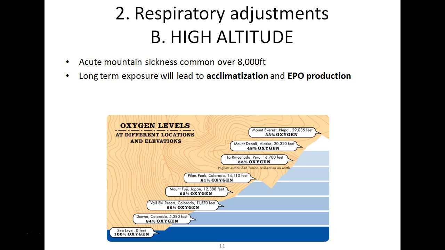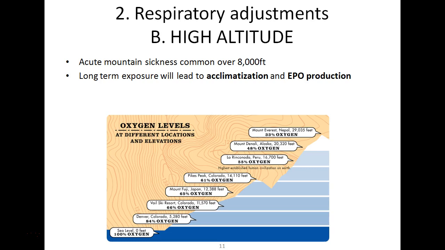So then, that could sometimes lead to imbalance. Acute mountain sickness might occur over 8,000 feet. So this altitude sickness is going to generally refer to any sort of adverse physiological effect because of a decrease in the alveolar partial pressure of oxygen.